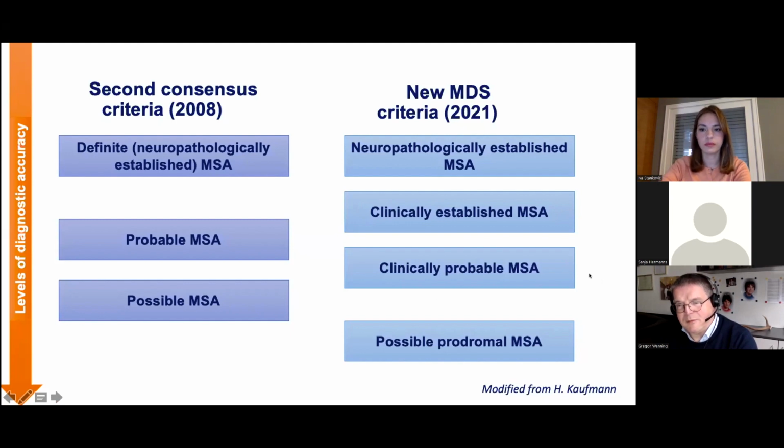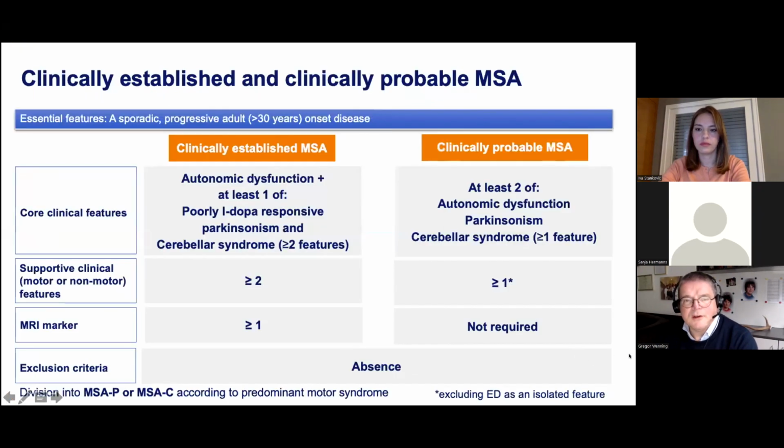We keep clinically probable MSA with the more balanced sensitivity and specificity cutoff, and a new category of possible prodromal MSA to capture the very early stages of the disease has been introduced. So essentially required is a sporadic, progressive, adult onset disease, with onset over the age of 30 years.